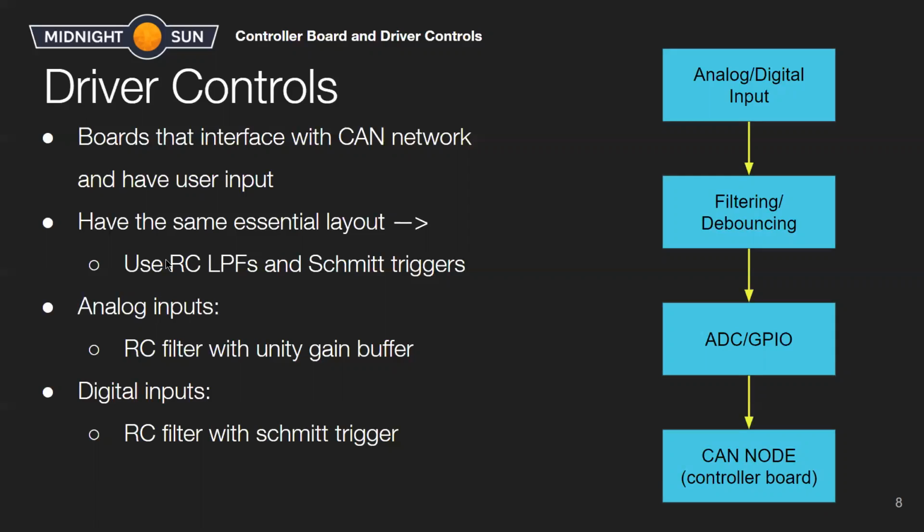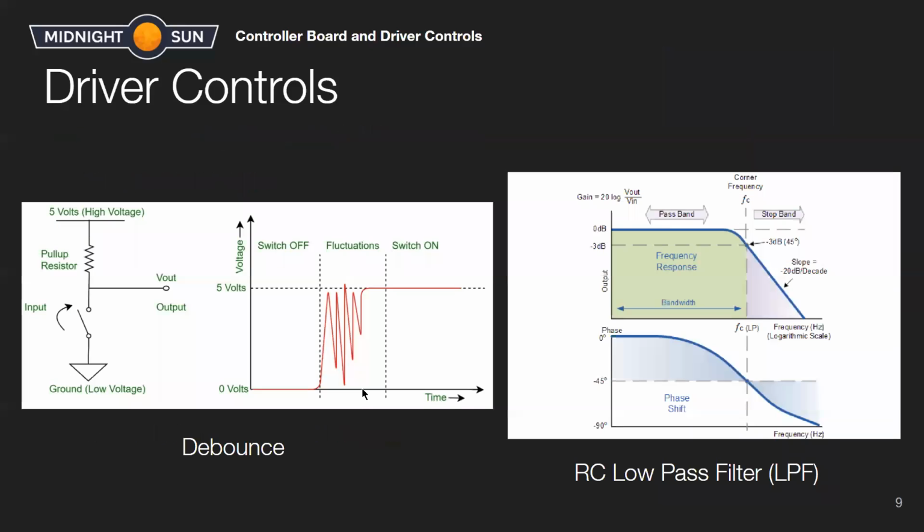So for the filtering and debouncing they usually use a combination of RC low pass filters and Schmitt triggers. If they're analog inputs, we use the exact same layout where there's just an RC filter with a unity gain buffer. And if they're digital inputs, we have an RC filter again, but with the Schmitt trigger. And I'll walk you through all of those schematics next.